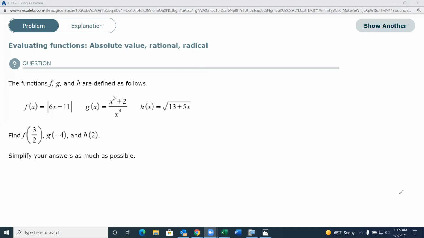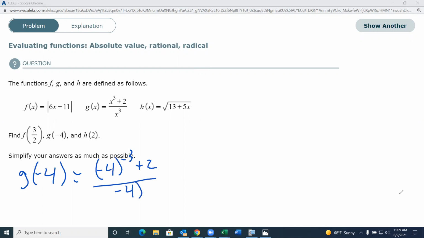So what about g of -4? Well, that says in the g function, when x is -4, what is y? And it's a good thing to do whenever you're plugging numbers into a function: put parentheses around those numbers you're plugging in. Sometimes it'll be overkill. It will never be wrong though, and it will help you to get the right answers. All right, -4.